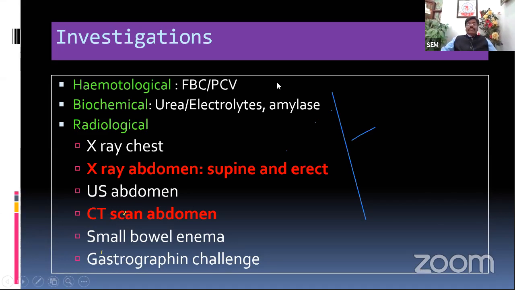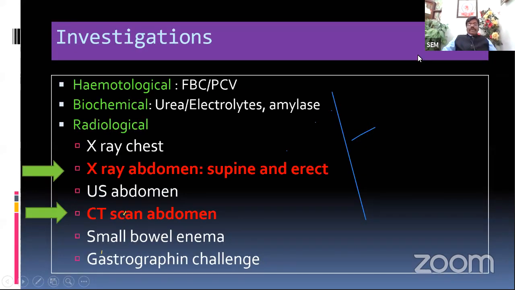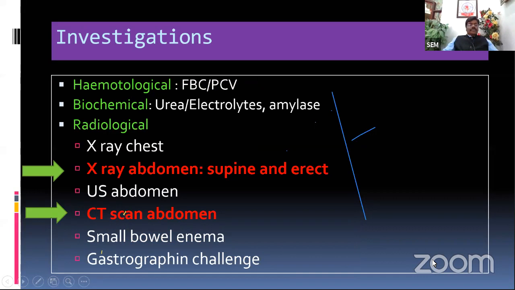Okay, let me just. Sorry. Okay. I just want these annotations to go.